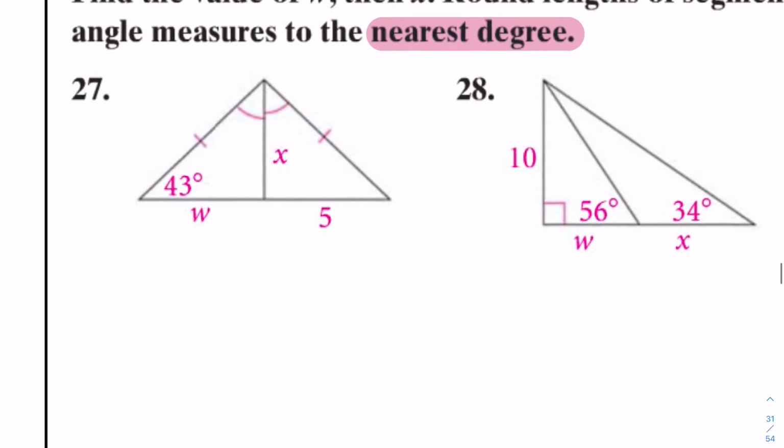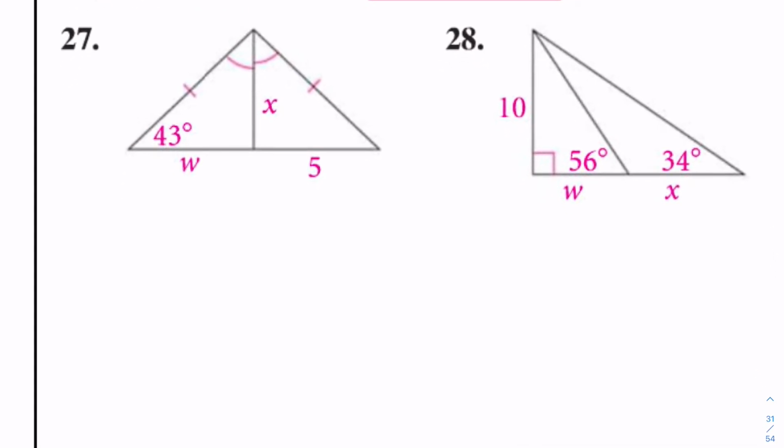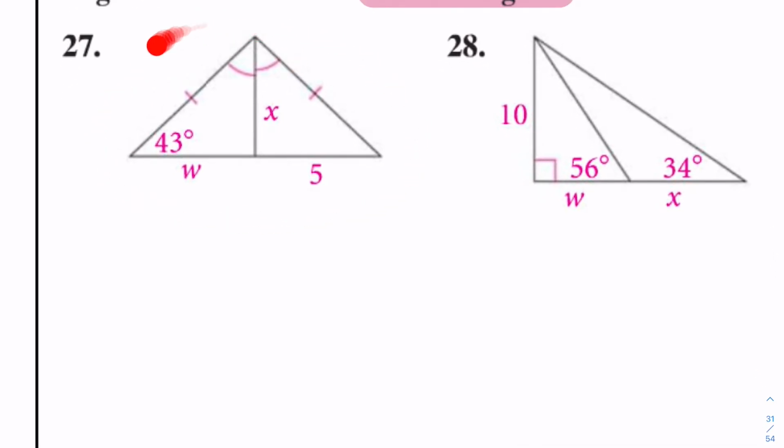All right, so what I'm looking at here in 27 is an isosceles triangle. Also, I have angles here, but remember, base angles of an isosceles triangle are congruent. So this will be 43 degrees. Okay. And notice that these angles are bisected. This angle is bisected because you have a perfect bisector here.